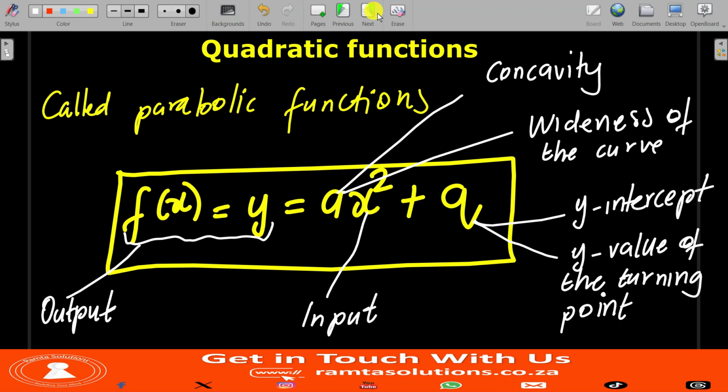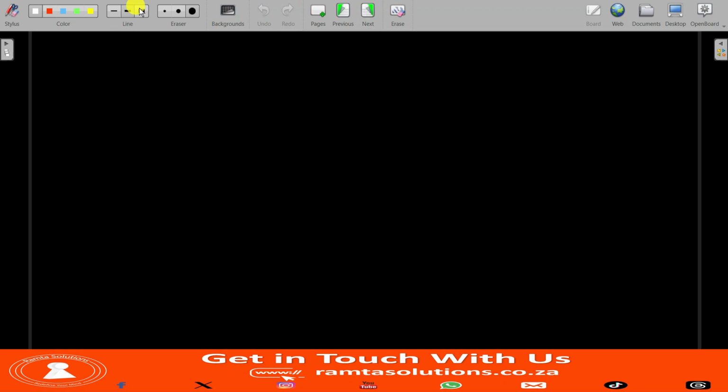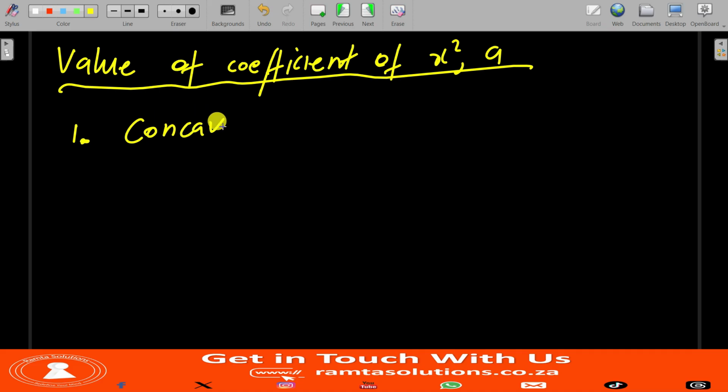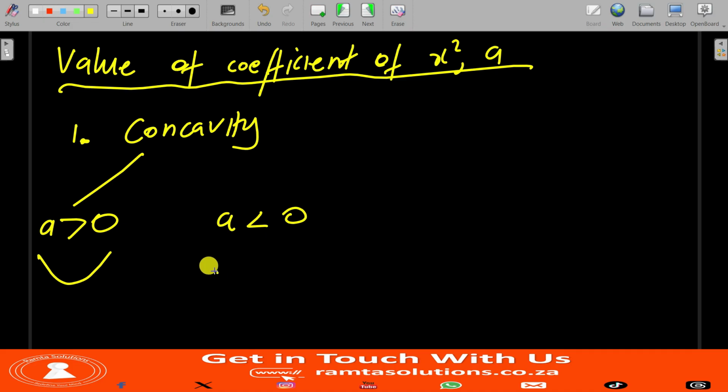Now, let's look at concavity. So we're going to look at the value of a, which is the coefficient of x squared. With regard to concavity, when a is positive, you have a smiling curve, and when a is negative, you have a frowning curve.